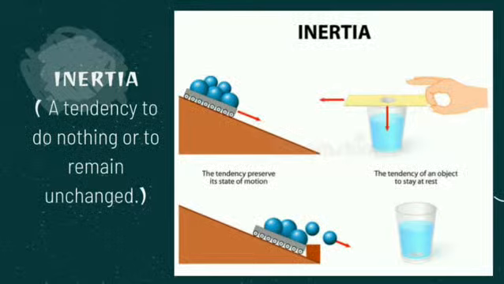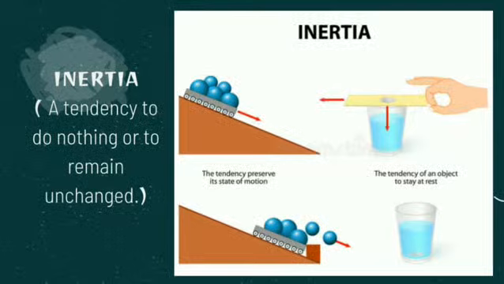Similarly, take another example of the glass that you can see on the screen. The glass has water in it, and upon the glass you place a cardboard on which you place a small coin, and you flick the cardboard suddenly.